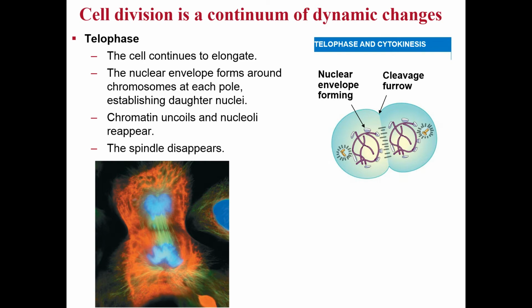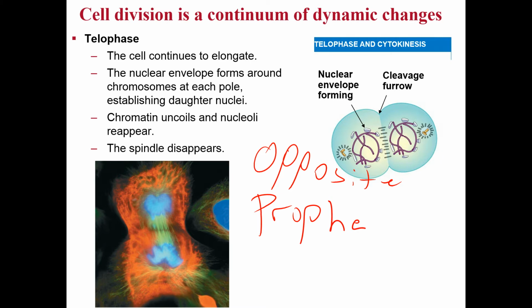Now, the last stage of mitosis is telophase. During telophase, all the events are basically the complete opposite of prophase. Here, your nuclear envelope begins to reform.